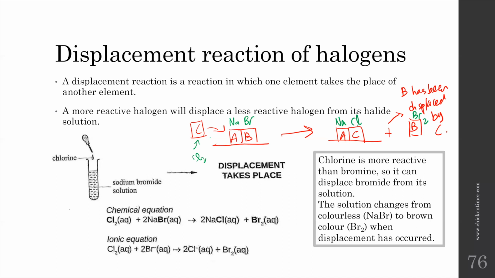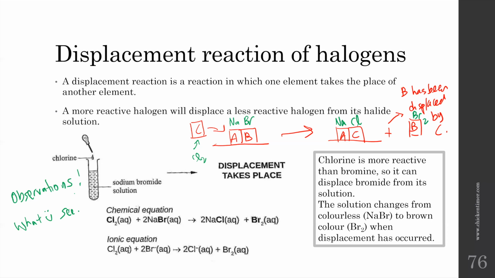Another popular question that will come from a displacement reaction of halogens is that they love to ask for observations. That means they ask what you can see. They love to ask observation questions because halogens are colored elements and compounds.